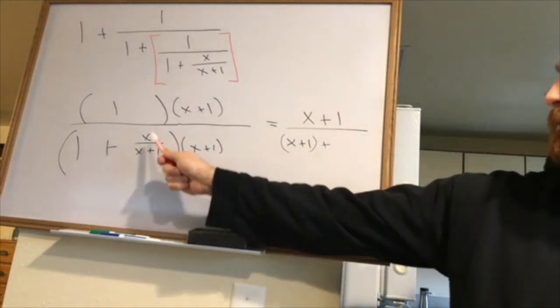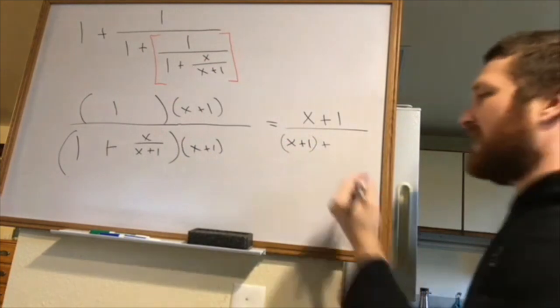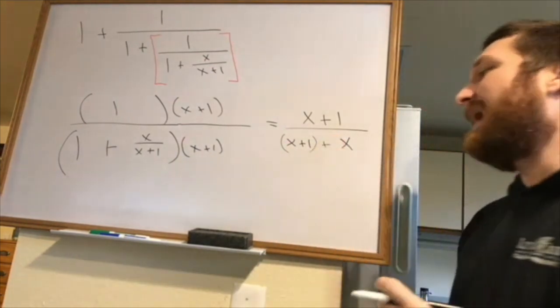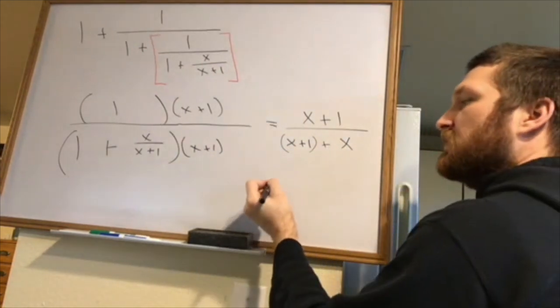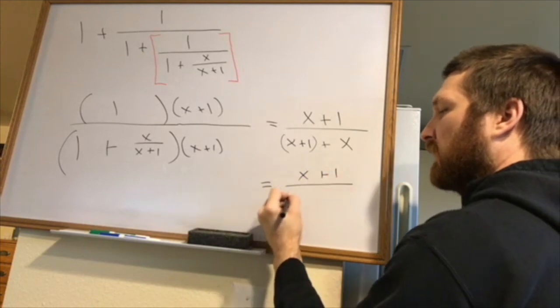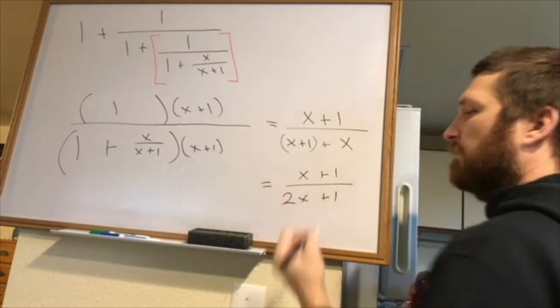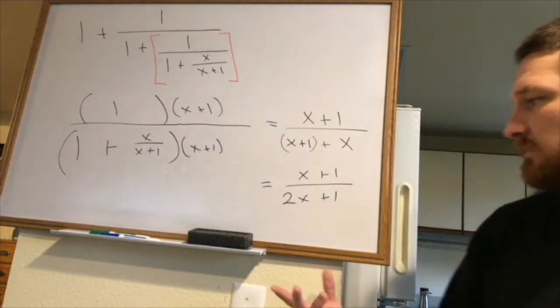No, wait. X. Just x. Yep, just x. And now I guess we could write this in a couple different ways. I would suggest that we just go ahead and write them in descending order and call that 2x plus 1. That's probably going to be the easiest way of doing this. But now we're halfway there.